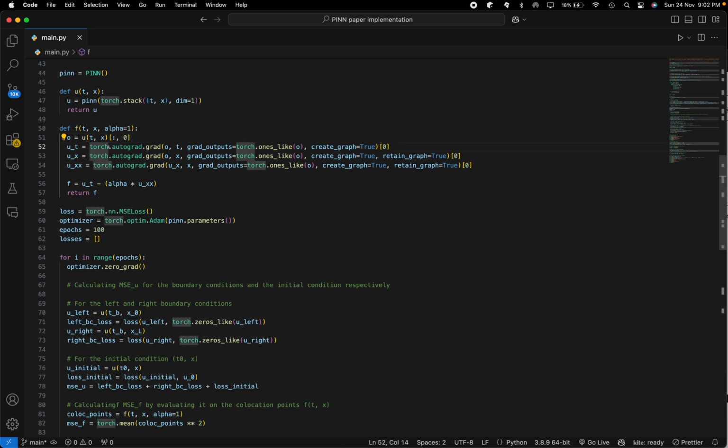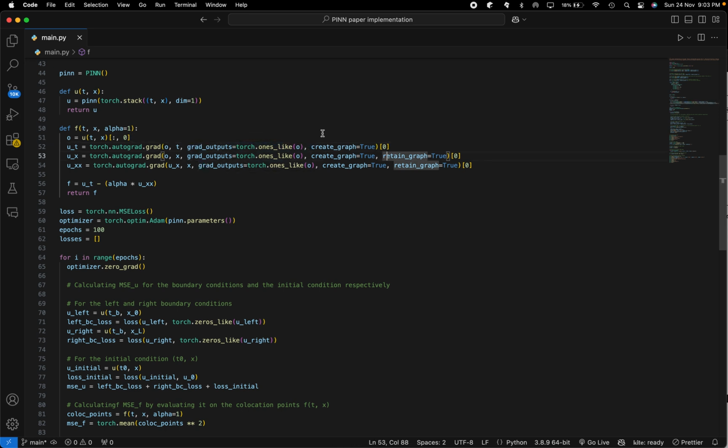The next thing is this, which is probably going to be the meat of the code in terms of the computation, which is del u by del t. And the way you do it is you just do torch.autograd.grad, you take the O, pretty obvious stuff, and you differentiate it with respect to t. The next thing is grad output.